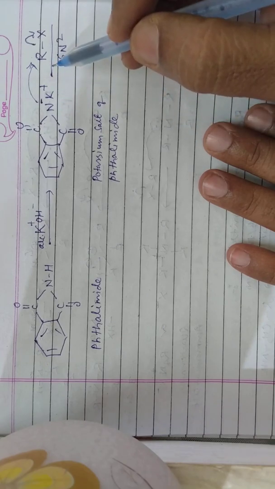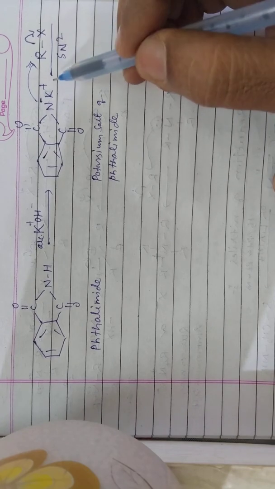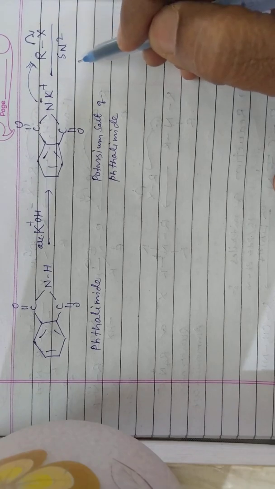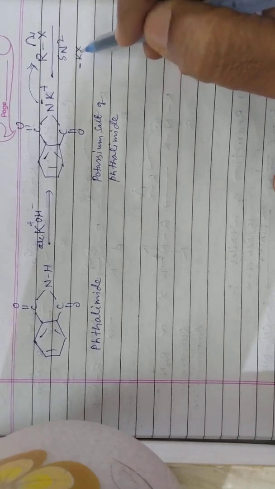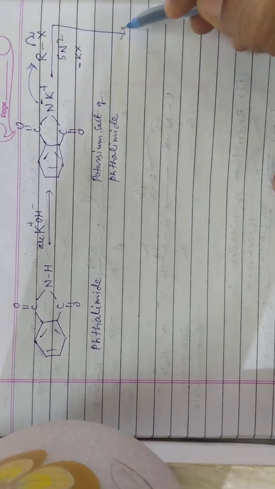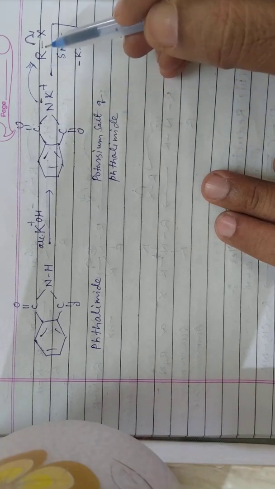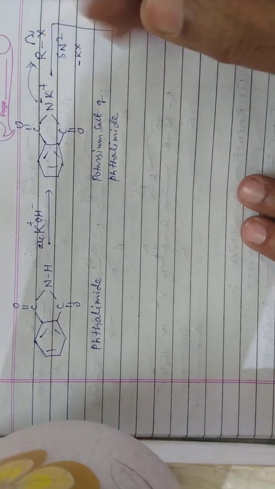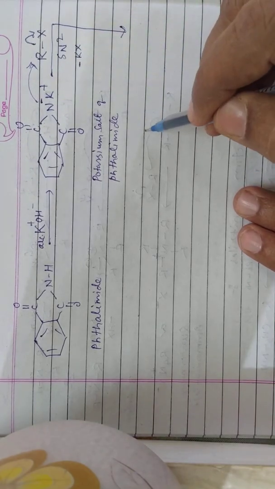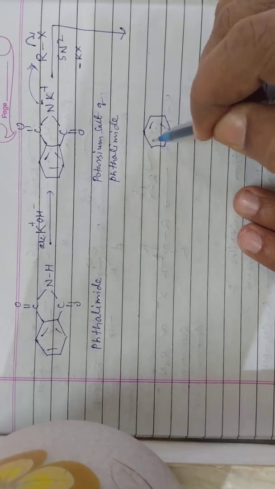So this is nucleophilic substitution bimolecular. Now X negative and K positive will form KX, so minus KX will be removed, and what would be the product formed? Here the phthalimide anion will attack the alkyl group and X negative is removed, so R is attached to the nitrogen and you will get an alkyl derivative of this phthalimide.